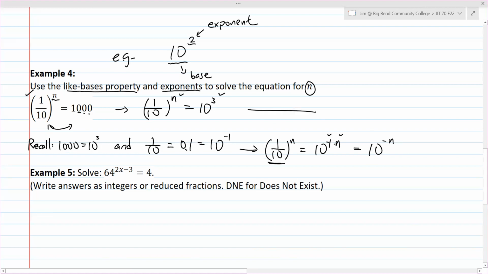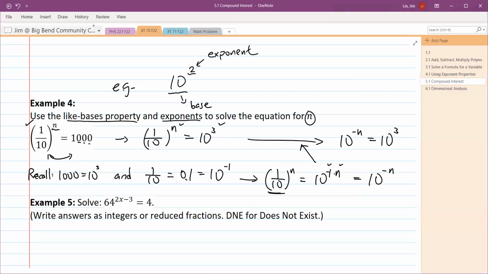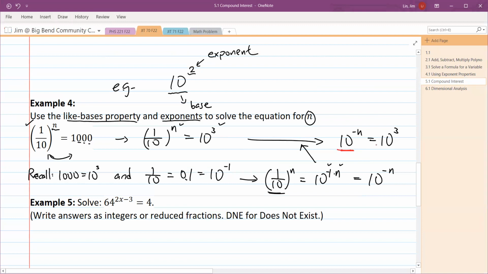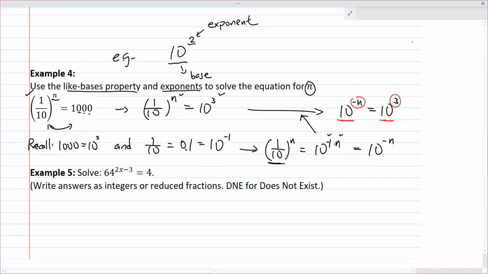Because we are doing this to make sure the base values are matched on both sides of the equation, right? And we're getting somewhere now because the bases are now 10. So my advice is that it's the easiest if you turn your base into a simple value such as 10, which is common. And then you can equate both exponents.